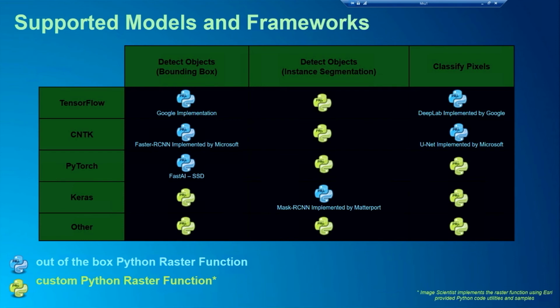For example, if you use the TensorFlow object detection API, we have a built-in Python raster function to load your model and run inference. So you don't need to start from scratch. And later in the last slide, we will provide some resources and you can find where those built-in Python raster functions are located.